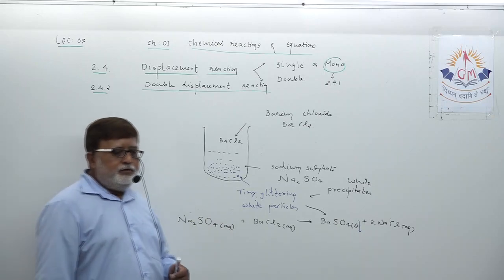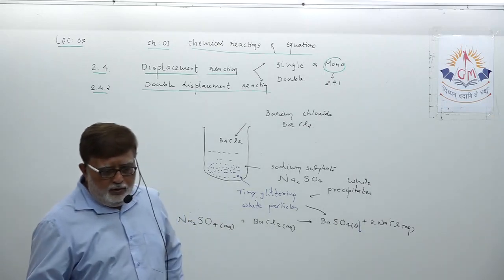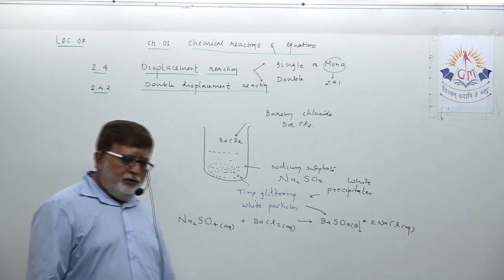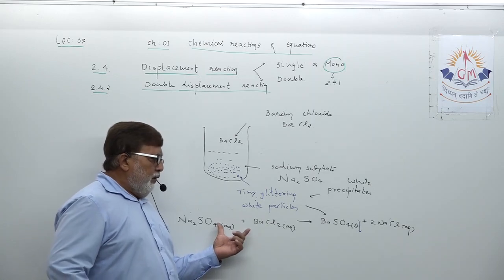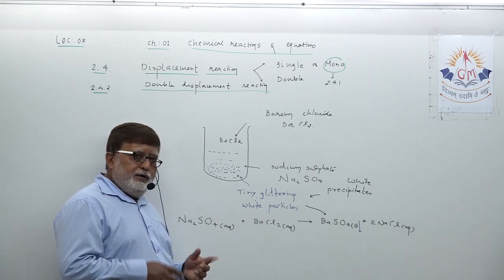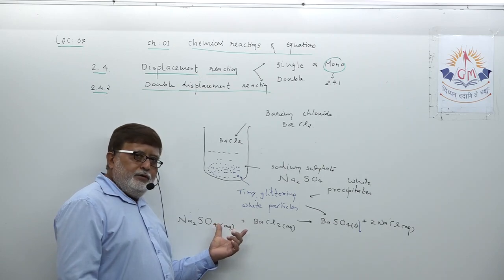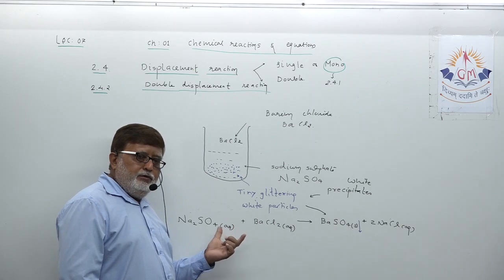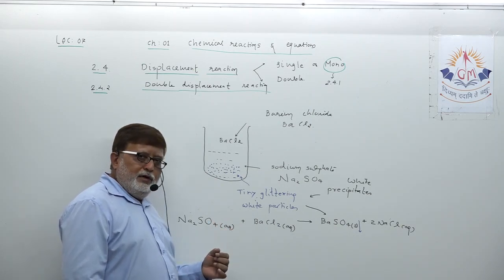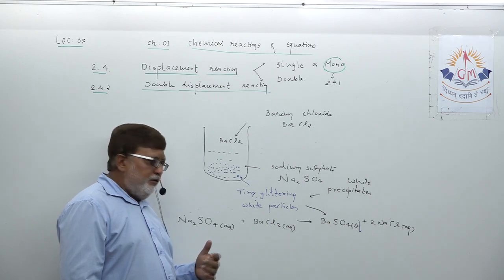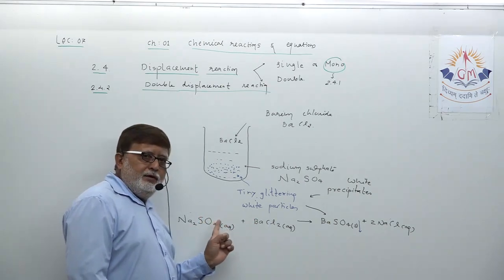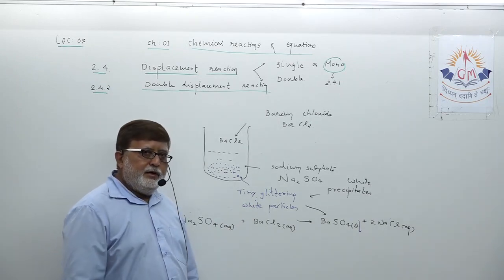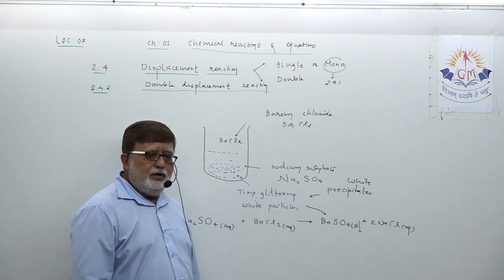Understand? So this is called, dear student, a double displacement reaction. Okay? Actually what happened? How can you justify the definition of this? So when aqueous solutions of two metallic compounds react with each other, exchange of ion takes place and they form other new metallic compounds.